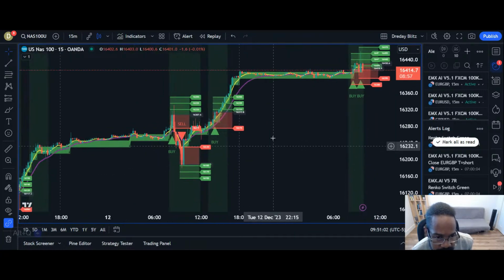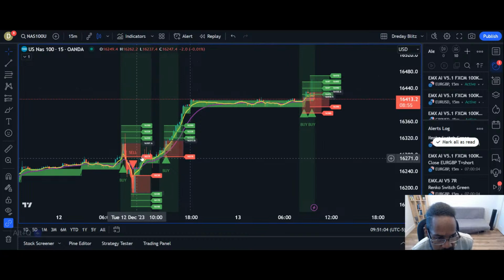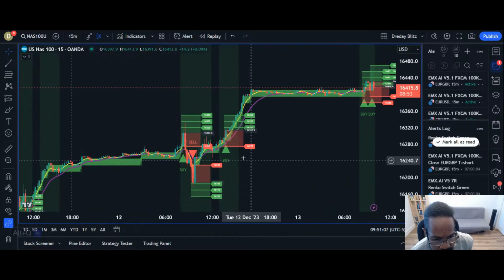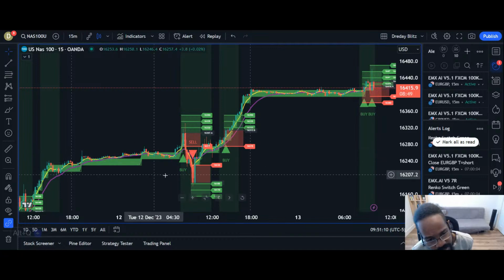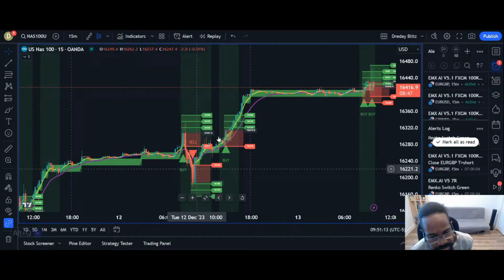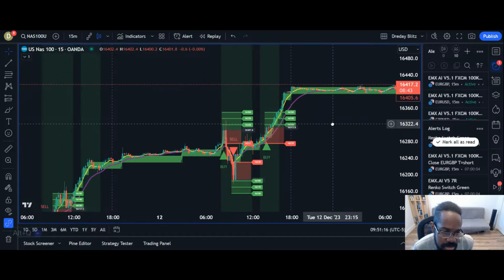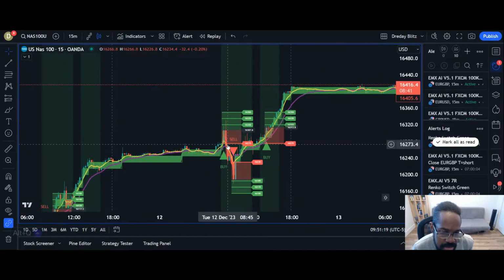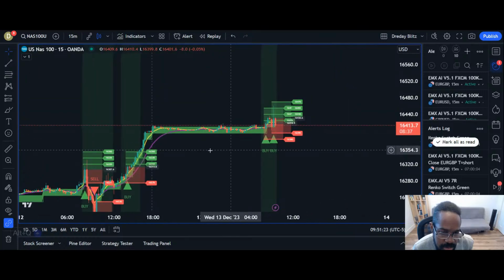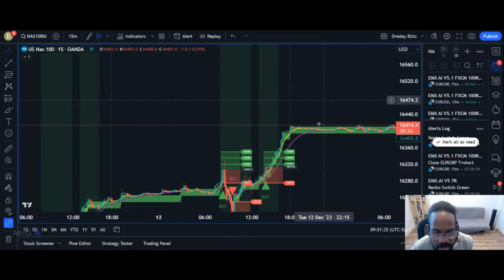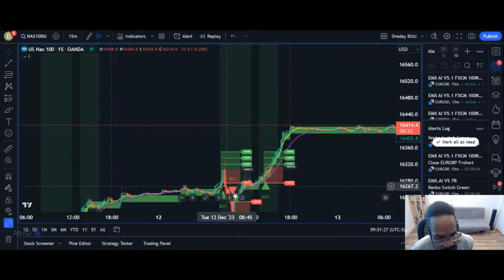But since it was expected that the CPI would be 0.3% instead of 0.2% from last month, that's why it still went in that direction. They're going to fake you out going down and then continue with the same movement. So the best trade was in the afternoon.